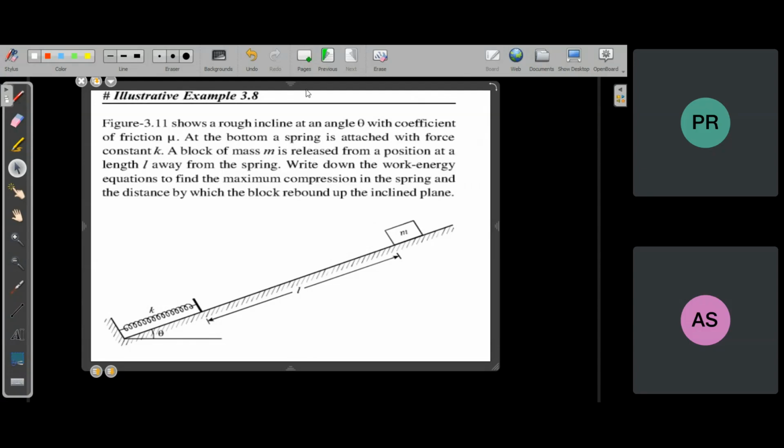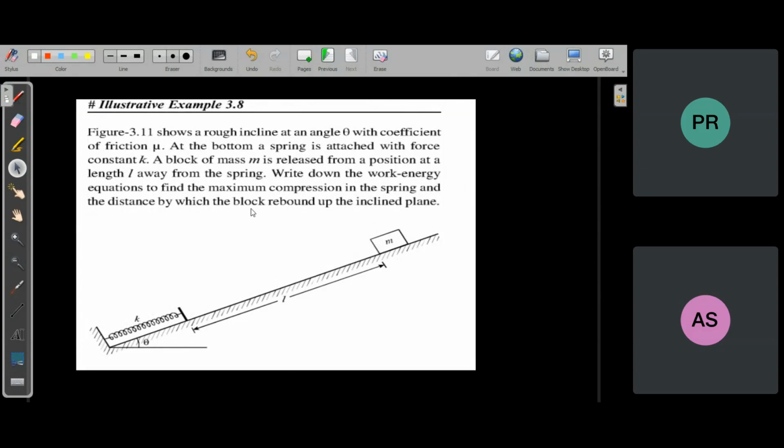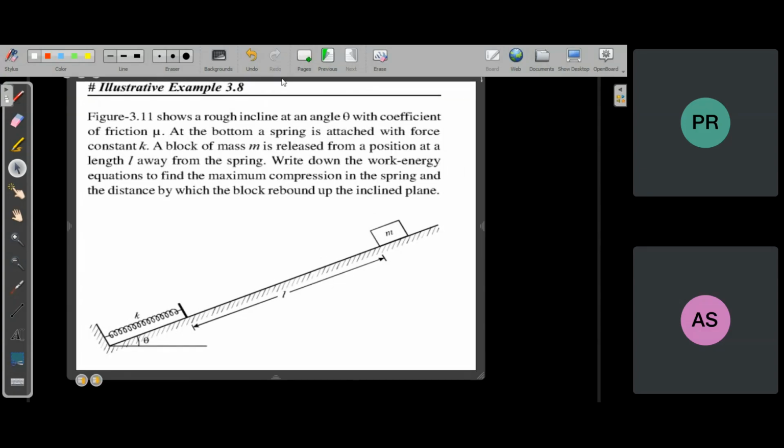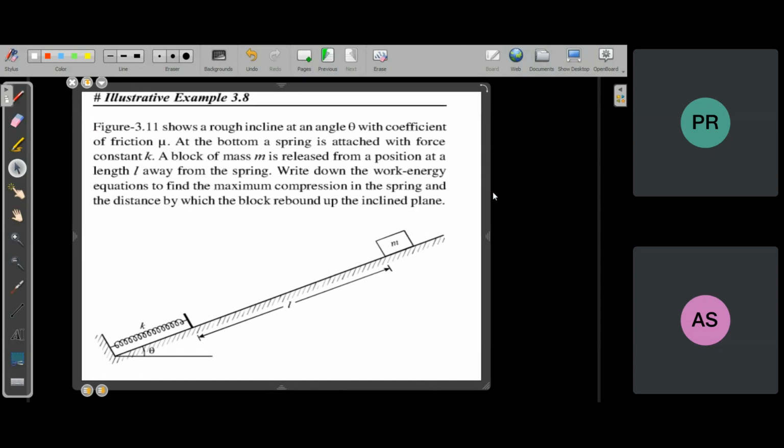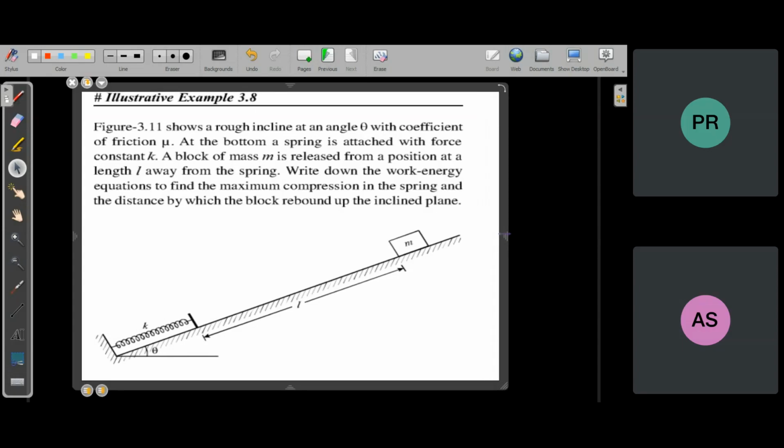Is the question visible to you? Yes, sir, it is visible. Okay, try this. The work energy theorem is already completed, so you can try using that.